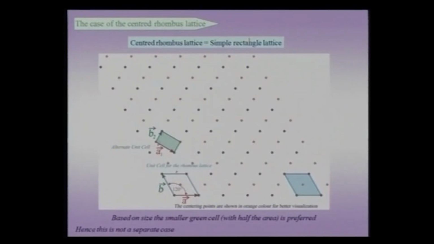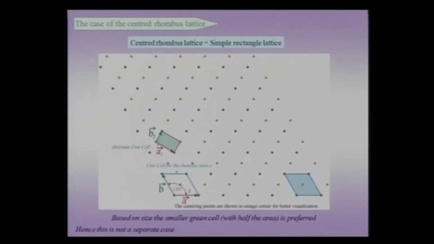Of course, I could have lived with still calling this a centered rhombus lattice, but we can clearly see that this is neither preferred in terms of the new classification, which it does not deserve, but additionally, from the unit cell point of view also, this is a smaller unit cell. The green unit cell is smaller than the blue unit cell, and therefore I would stick to my older classification, wherein I call this a simple rectangle lattice, which is now generated by these basis vectors which are inclined with respect to the original basis vectors.